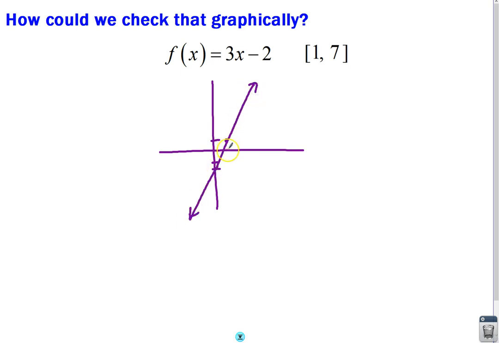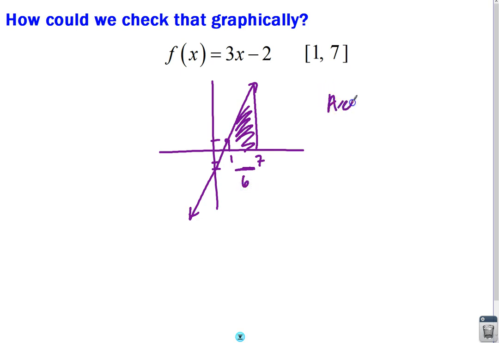But I only want the area from 1 to 7. Well, that creates a trapezoid. So the area from 1 to 7, I could check geometrically using the area of a trapezoid. So I need to find this y value here and this y value here. And I know this distance right here, that's the height of my trapezoid, that's 6.